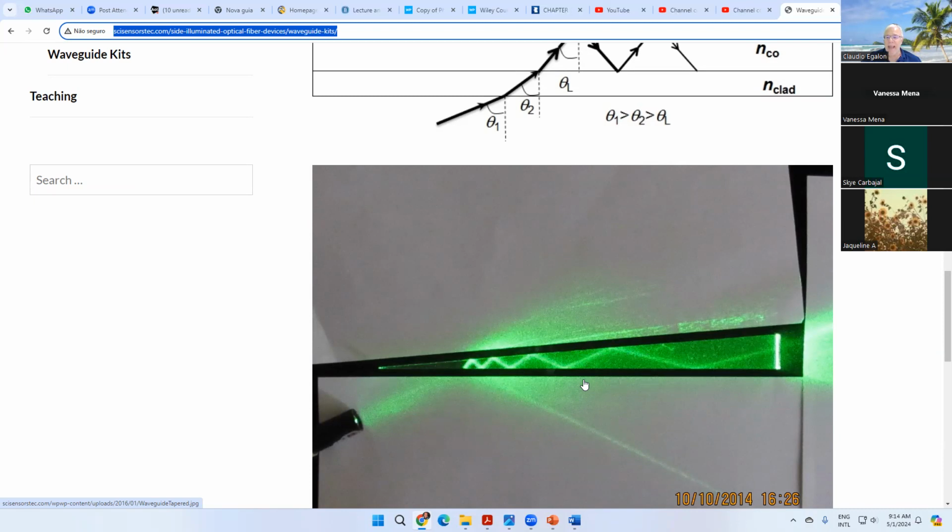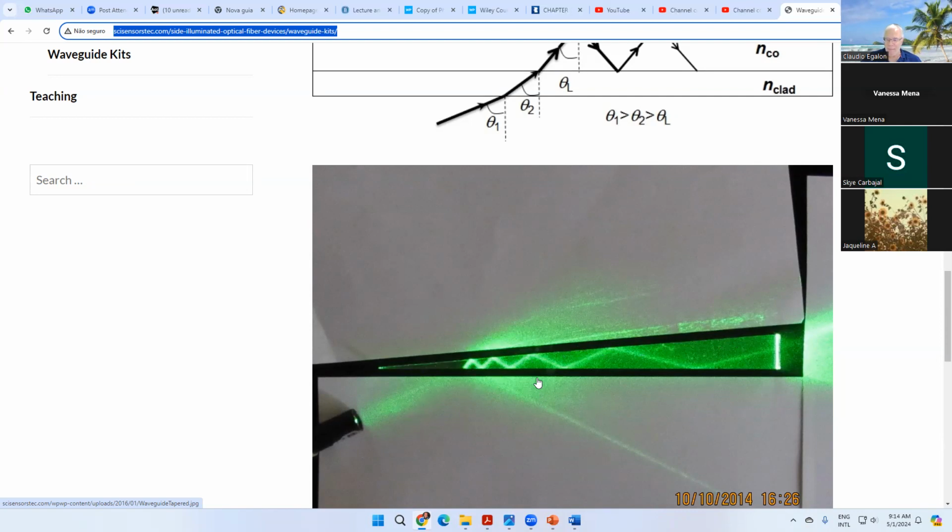Well, what exactly is happening here? What's happening here is very simple. Because of this wedge in this plastic, the angle of incidence keeps on increasing with every reflection until it reaches the condition of total internal reflection, okay?